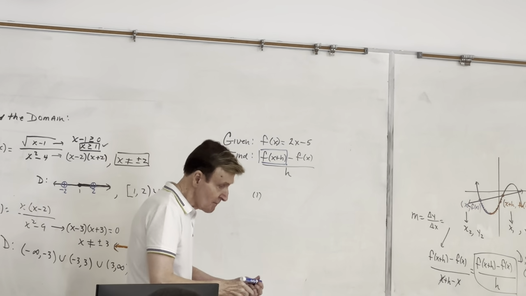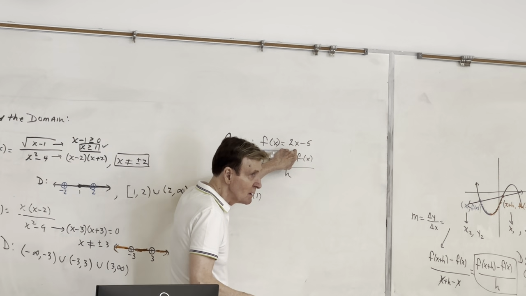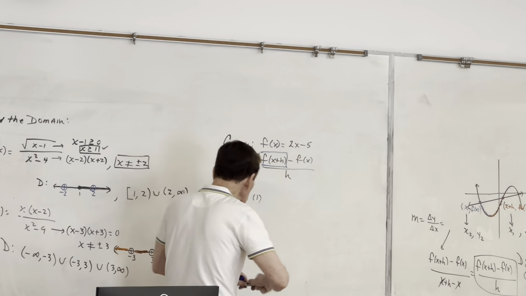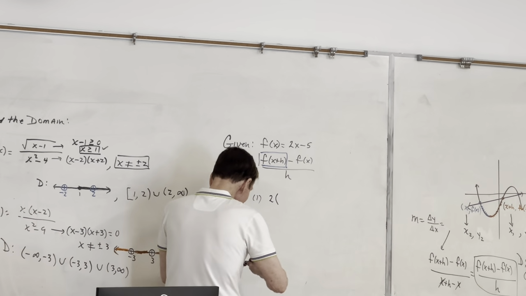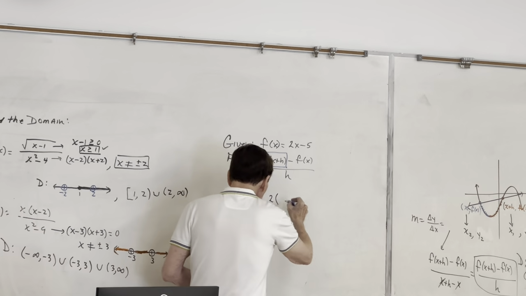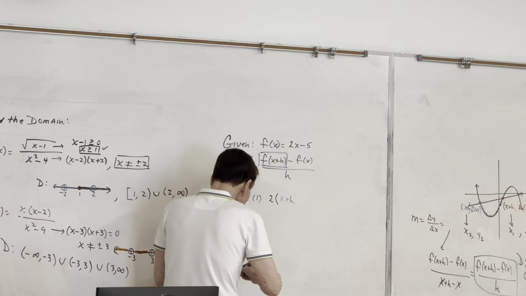Yes, go for it. Replace the x in 2x minus 5 with x plus h. You substitute x with x plus h. If I do, that's going to look like this. I'll put it in a different color to show it goes in. That.